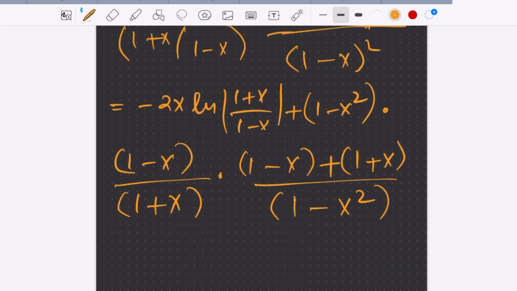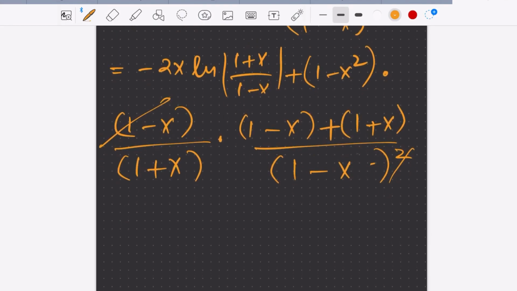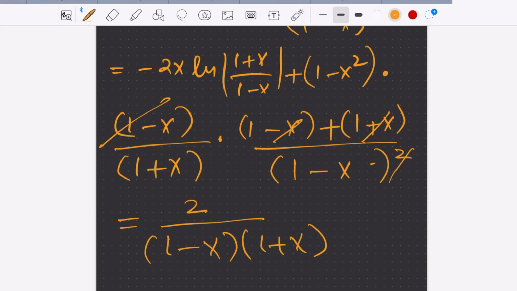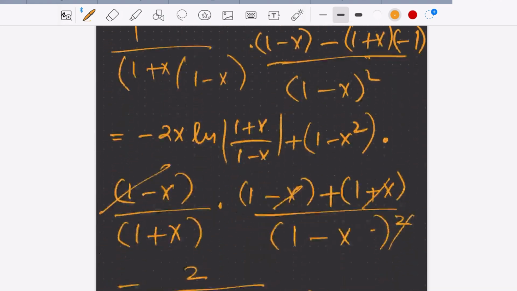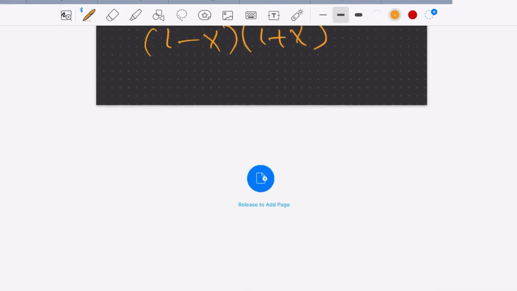So 1 minus x will be cancelled with this 1 minus x, and this minus x cancels with this plus x. This will be equal to 2 over (1 minus x)(1 plus x). So this is the derivative of the numerator term.